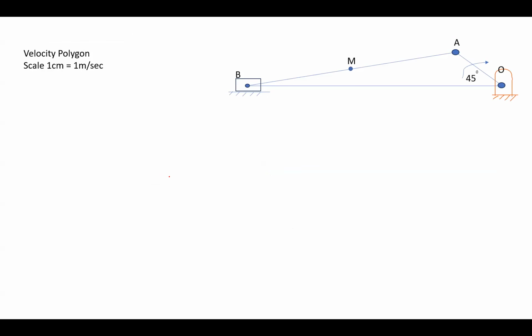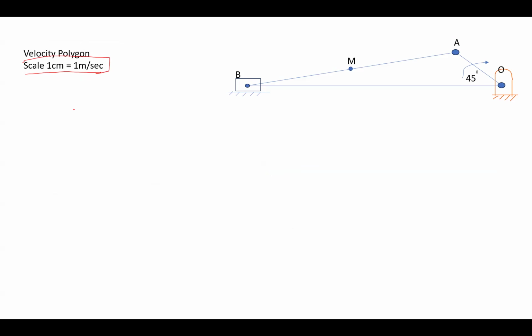To draw the velocity polygon, you have to select the velocity polygon scale. By knowing the values of crank velocity, that is 4.71, we have selected our scale of velocity polygon 1 centimeter equal to 1 meter per second, as it is shown here. Now, where to begin?